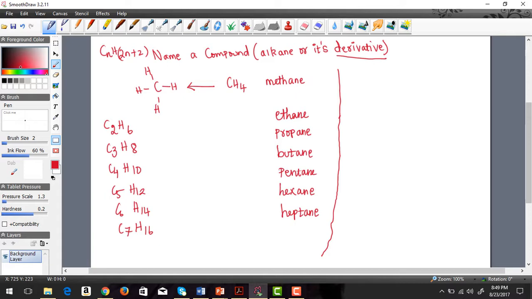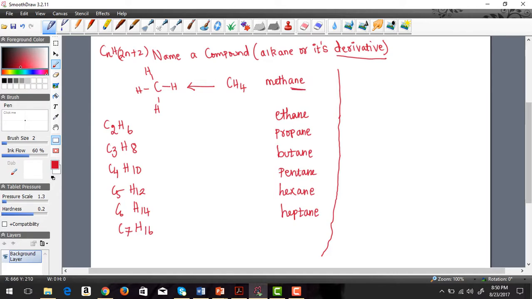Let's say you have a 6 carbon straight chain, but for the isomer you take 5 and add 1 more. That extra carbon we have to label differently. I'll show you an example in just a minute. For now, let's say you replace the A-N-E with Y-L.